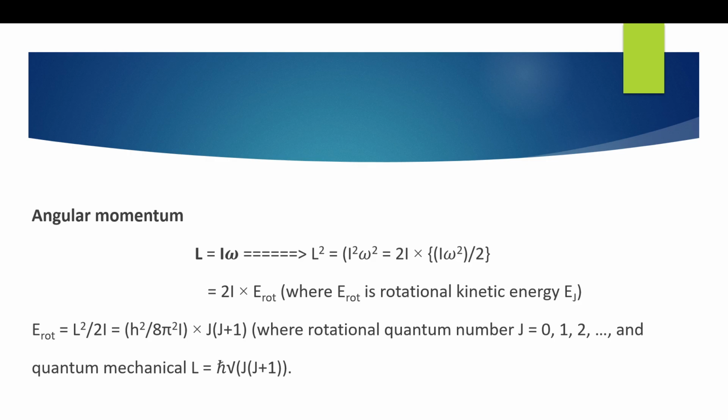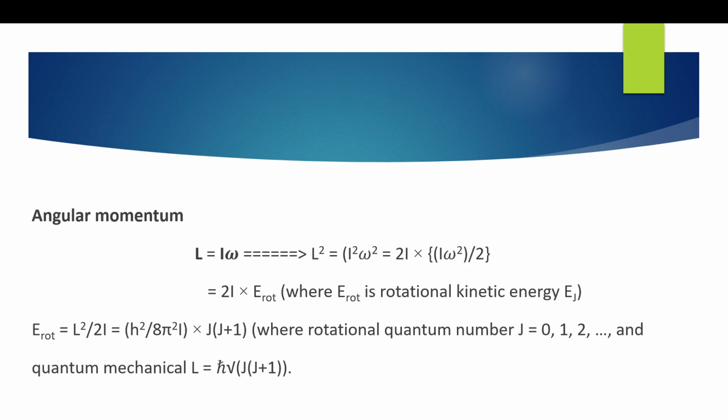So the expression becomes E rotation equal to L square over 2I equal to h square upon 8 pi square I, J into J plus 1, where J is the quantum number having integral values 0, 1, 2, 3, 4, etc. And quantum mechanical L is h cross under root J into J plus 1.